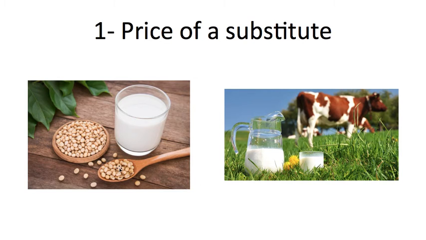If the price of the substitute goes up, it means that the demand of the original will also go up. Think about it. If the soy milk, even for people who drink soy milk, if the soy milk goes up suddenly by 40% in price, well, some of those people will stop buying soy milk and then will switch back to cow milk, meaning that they will increase the demand on cow milk.